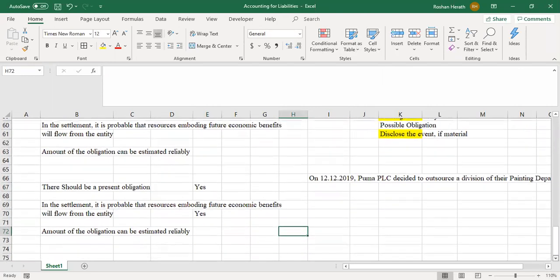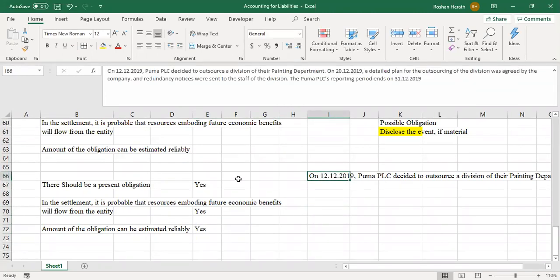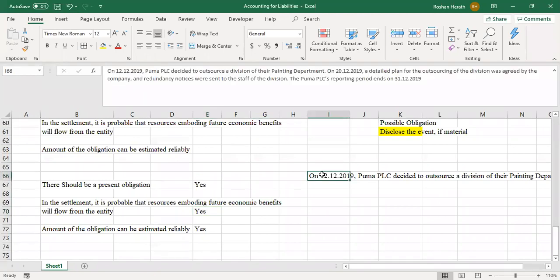The amount of the obligation you can reasonably estimate, because you know per employee how much is to be paid as compensation, and you can estimate roughly how much it would be. Therefore, for the year ended 31st December 2019, all three criteria are there.